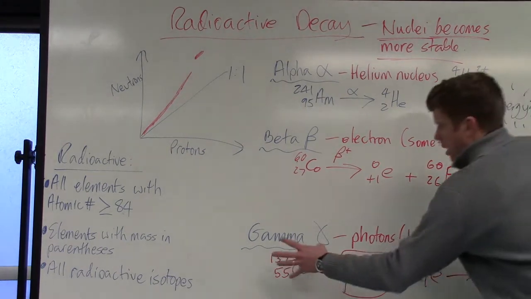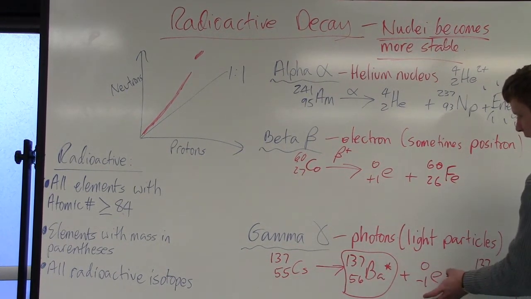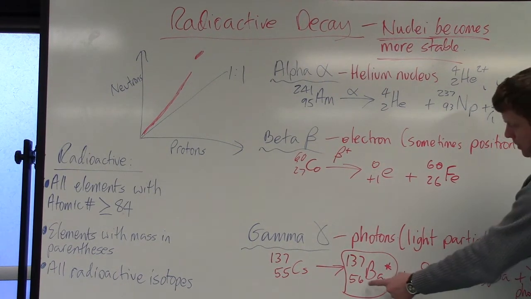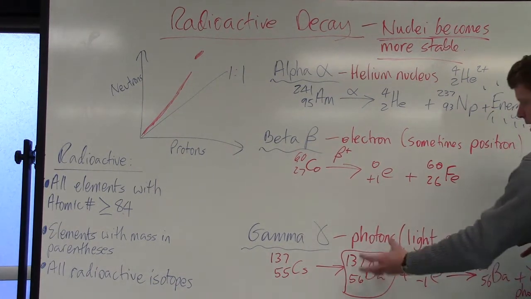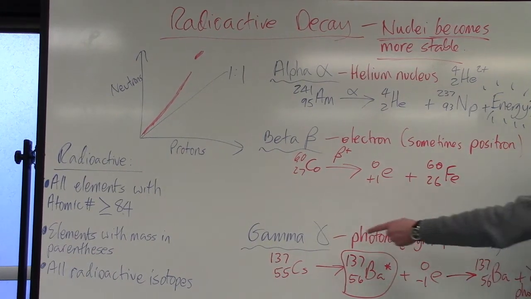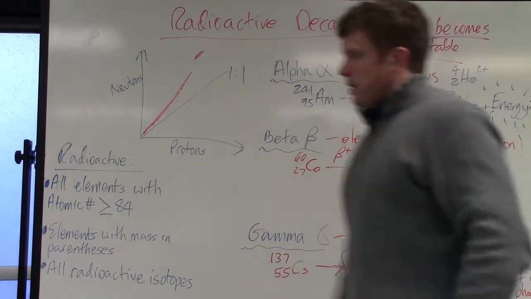So we go from unstable nuclei through one type of decay, in this case beta decay, but it could also be alpha decay, creates this highly excited, highly energized isotope, and then that eventually undergoes another type of decay, in this case gamma, and produces lots of light, blinding light. So a huge amount of energy released.